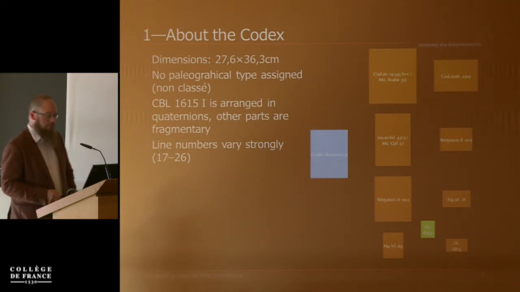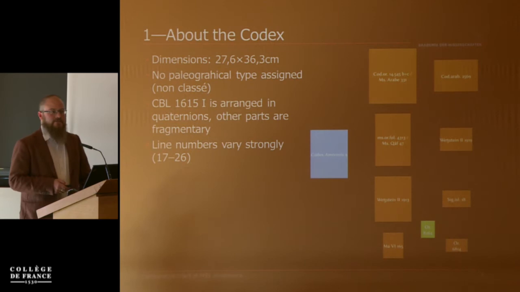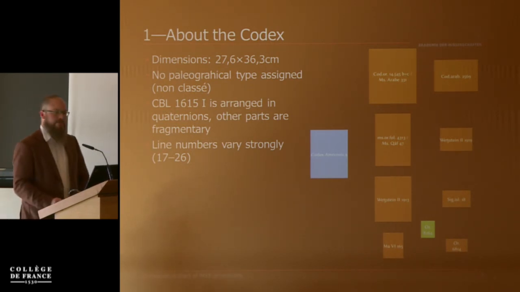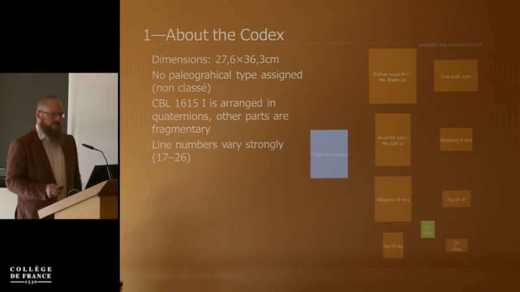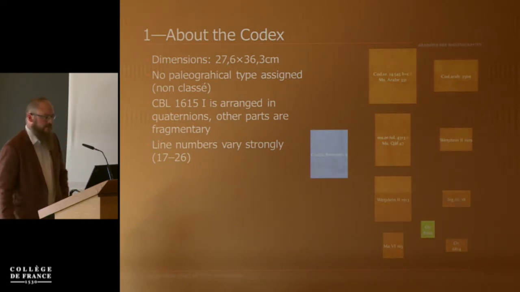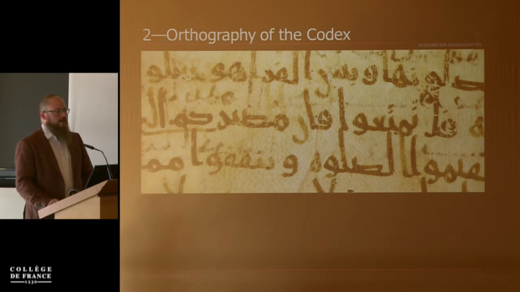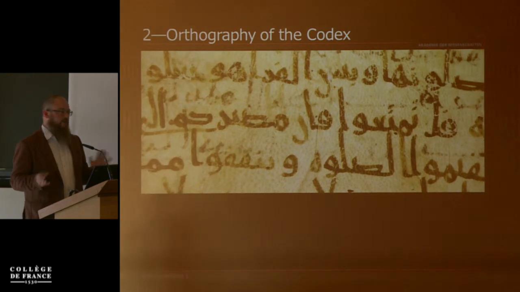It's not a very regular copy, not like what we have seen from my colleague before, which supposedly is definitely a later copy of the Quranic text, where you have a Kufic style. It's well ordered. The line numbers do not really vary that much. This codex has a non-classified script and seems to be early or not very well made.